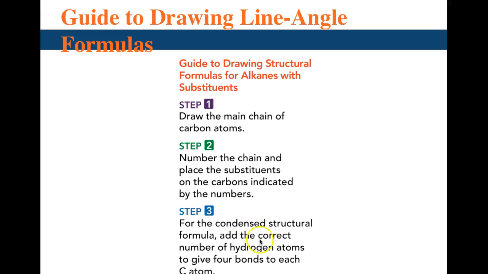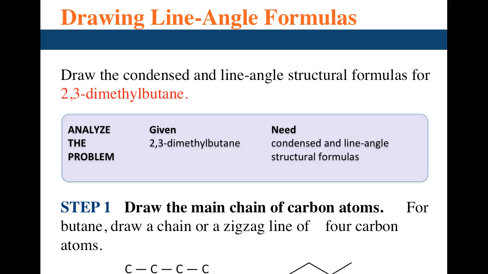If you just do the condensed structural formula, you don't have to do the expanded, just put in the correct number of hydrogen atoms so that each carbon always forms 4 bonds. Okay, so break this down. 2,3-dimethyl means there are 2 methyl groups, one at carbon 2 and one at carbon 3. The parent compound is butane, which means you need 4 carbons.